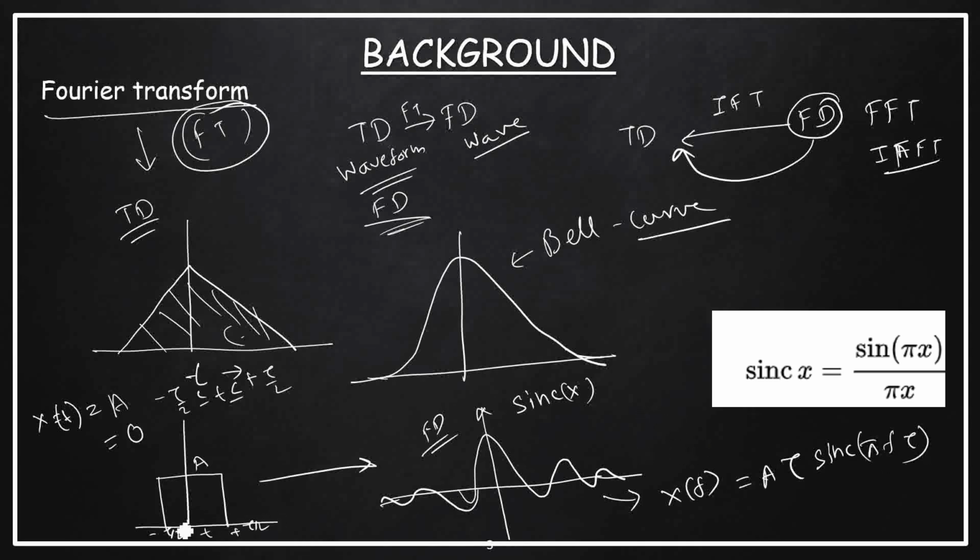Tau means the duration of the pulse. So if you have a square wave in the time domain, it looks like a sinc function in the frequency domain. Similarly, if you have a triangular wave in the time domain, then it will be a bell curve in the frequency domain.